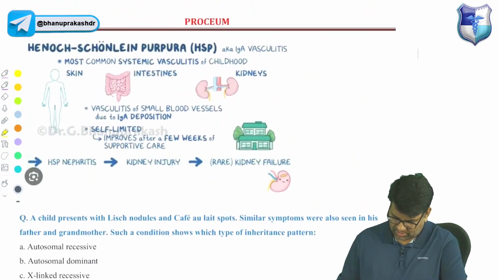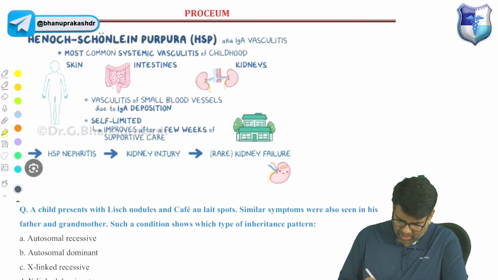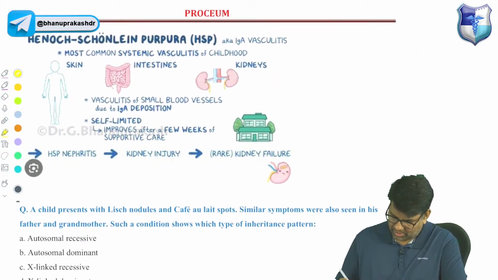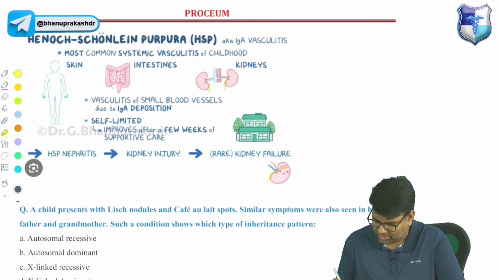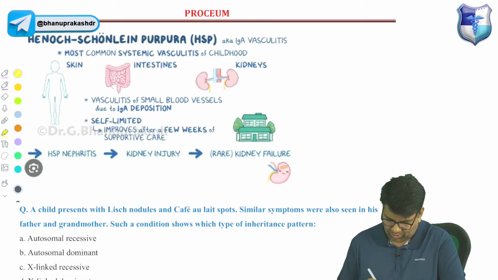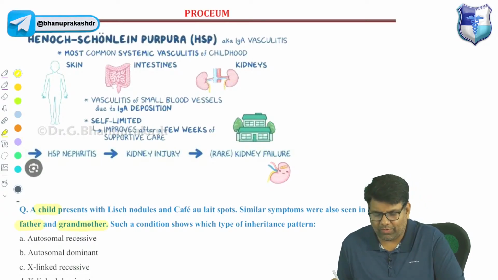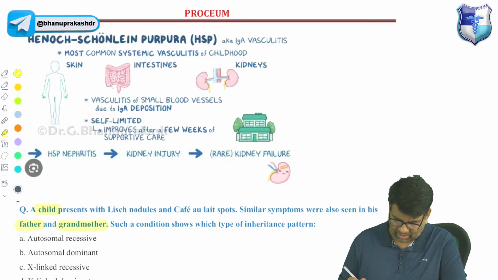Now this is another question. A child presents with Lisch nodules and café-au-lait spots. Similar symptoms were also seen in the father and grandmother. Now, what kind of inheritance is this? Understand?